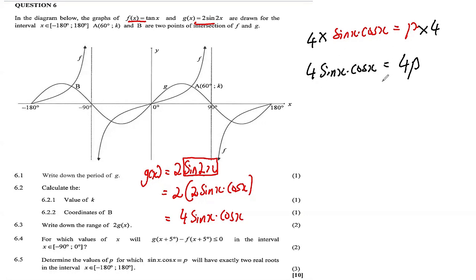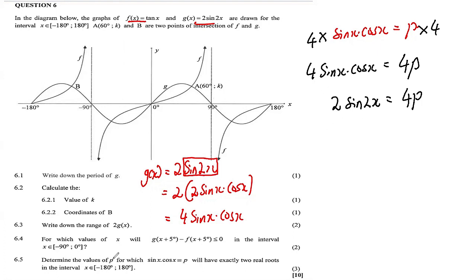Now that we've recreated this, we can write this in the original formula, which is g of x, right? So this will be 2 sine 2x, and then is equal to 4p, right? So now we can solve this using the graph, because we have found a way to actually express this in terms of what we are given here.